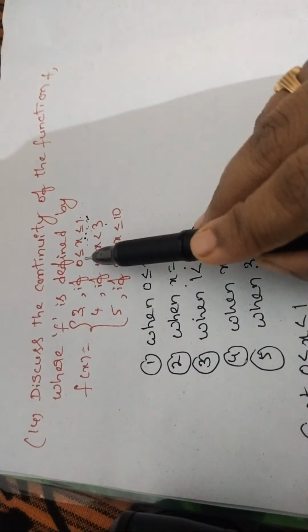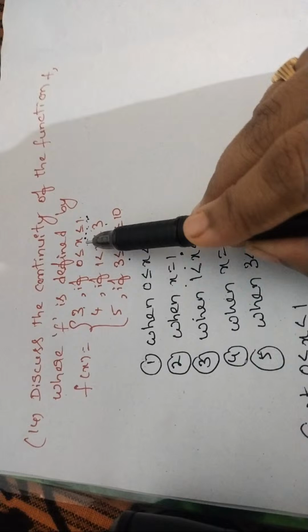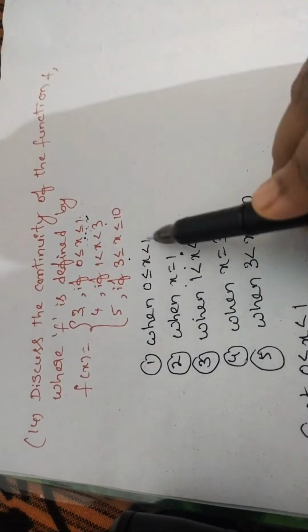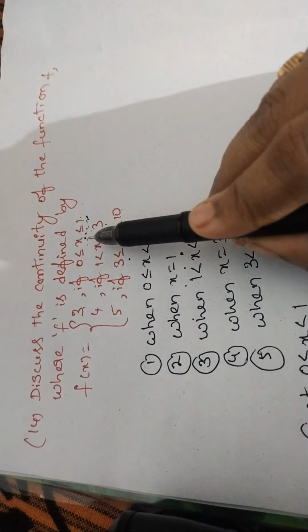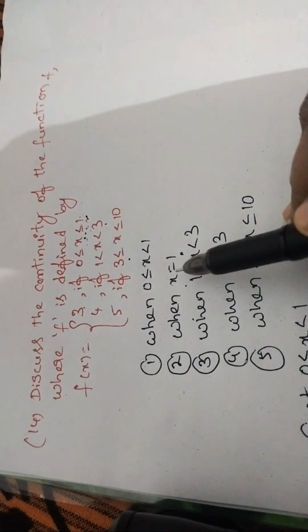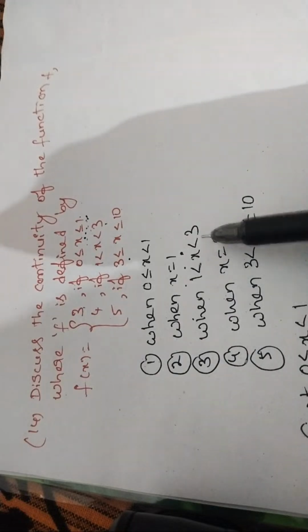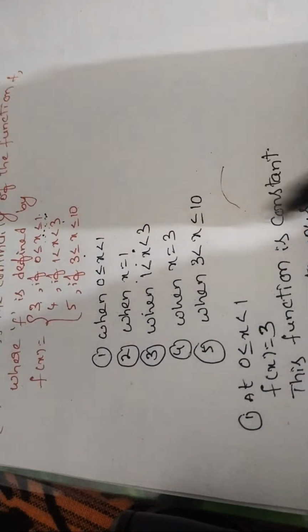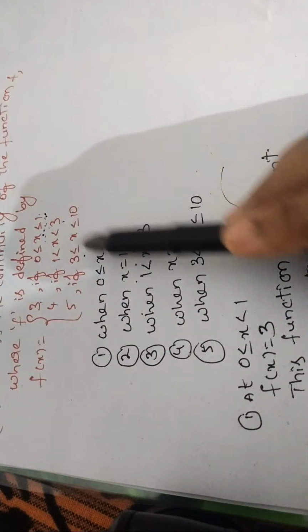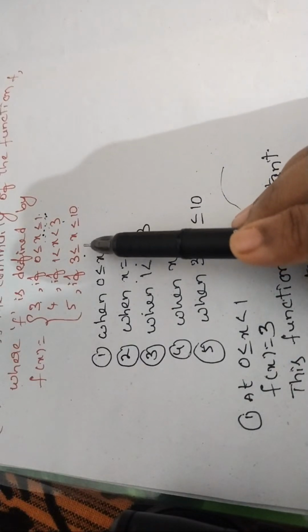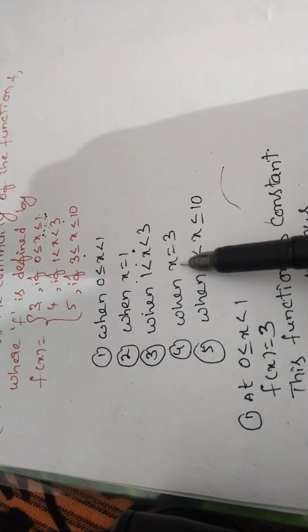So I will split like 0 less than or equal to x less than 1, one case, and x is equal to 1, another case. Next, 1 less than x less than 3, third case. Next, we take x is equal to 3, fourth case.